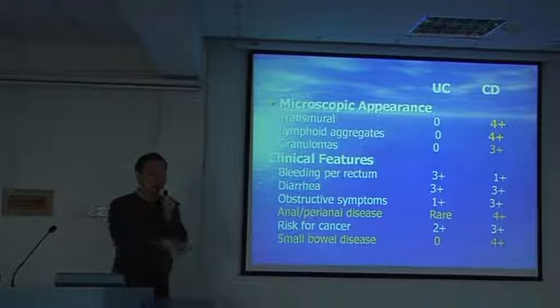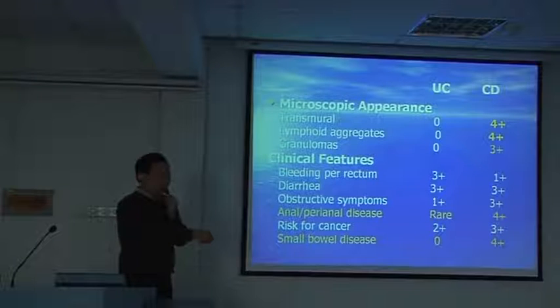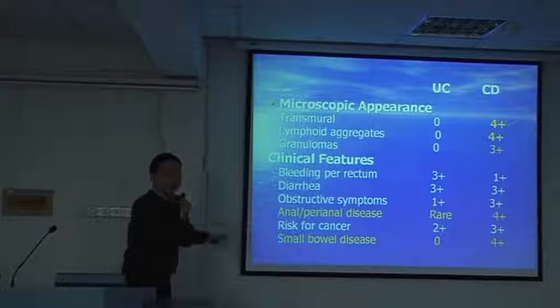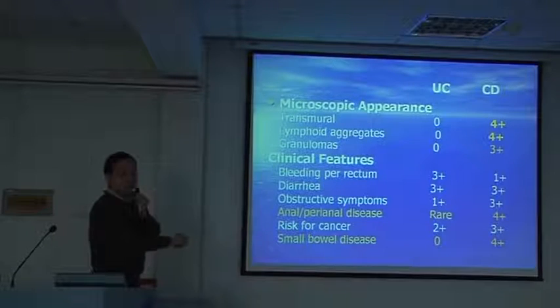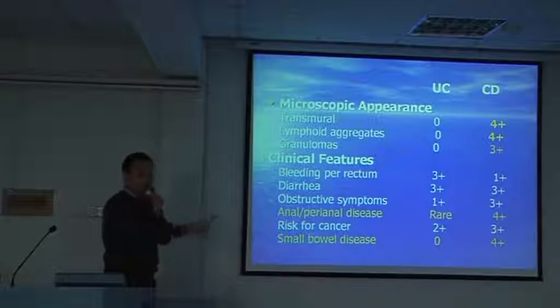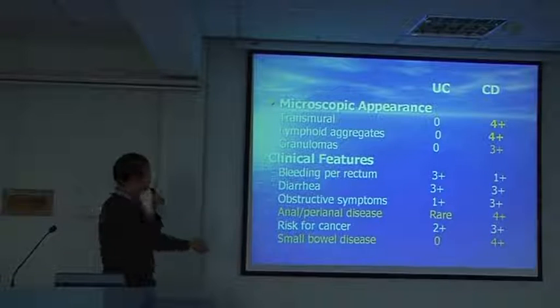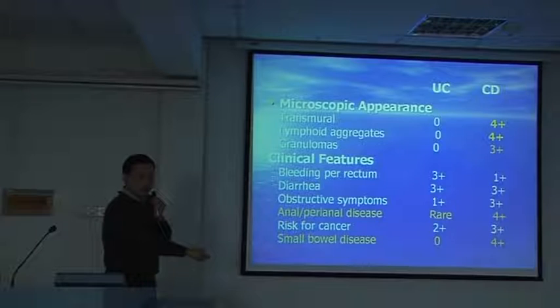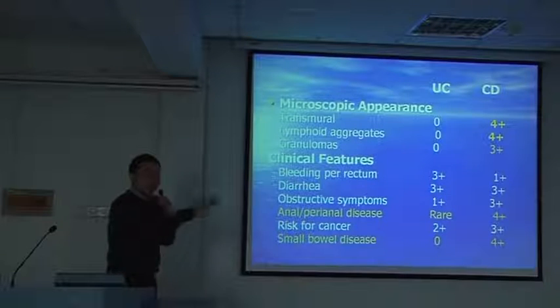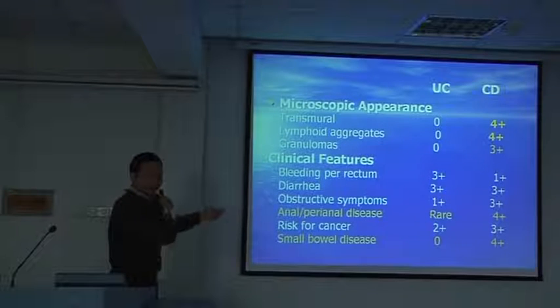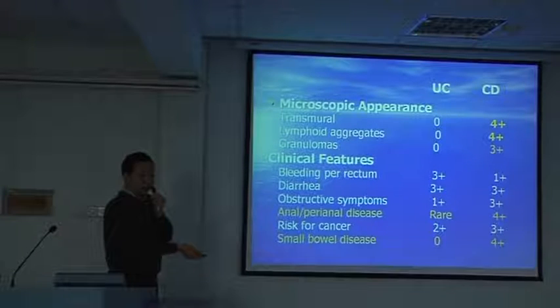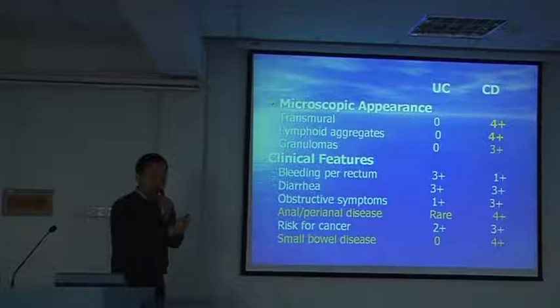But most Crohn's disease patients have no anal disease, so it's of no use for diagnosis. Also small bowel disease: not all Crohn's disease patients have small bowel disease. We have so many things to distinguish CD from UC, but in one patient, not all of them will happen.